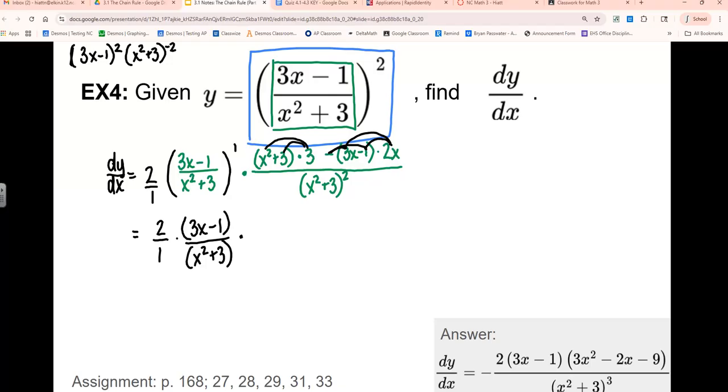That might be too many steps to do at once, but we're about out of time, so we're going to do it. 3x squared plus 9 minus 6x squared plus 2x. So I'm distributing this 2x here. That gives me 6x squared minus 2x. But then I have to change the signs because of the negative right there. If I had more time, I would not do that all together.